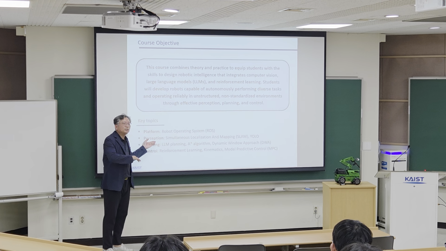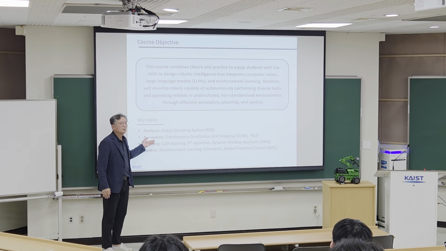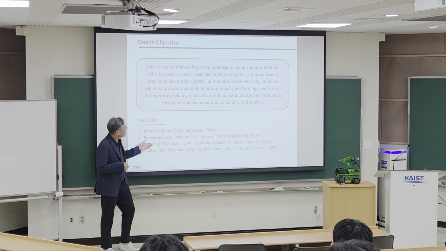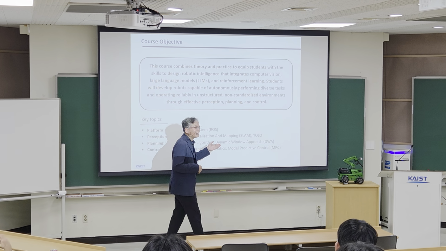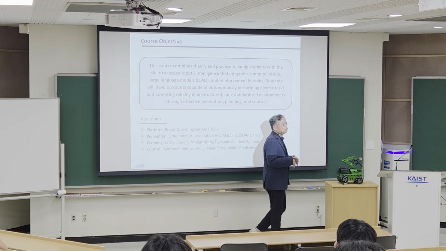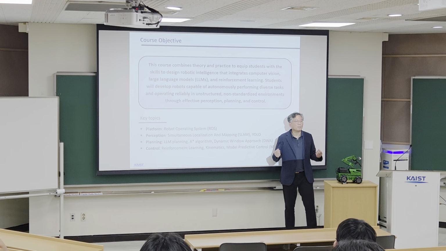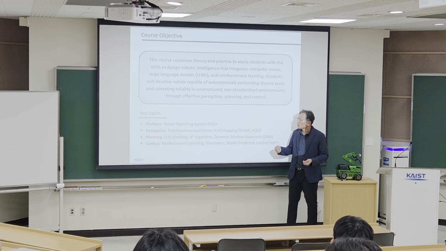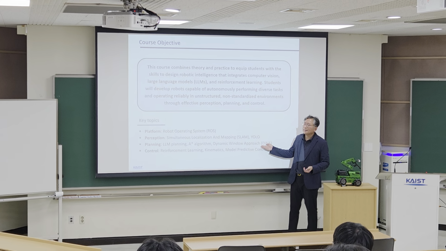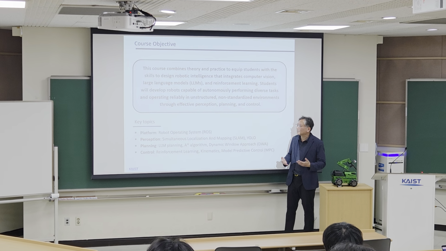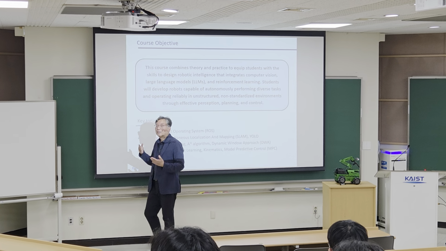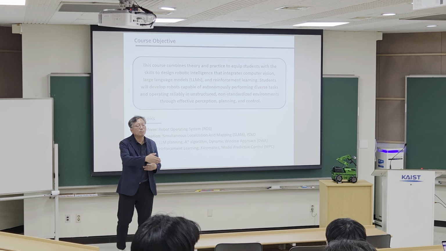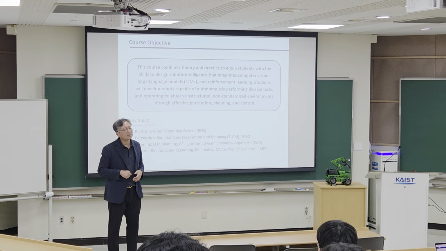The robot needs to see the environment. So we're going to use SLAM, and various computer vision techniques to understand the environment. Then we're going to give it various tasks, and it needs to plan the steps in performing these tasks.